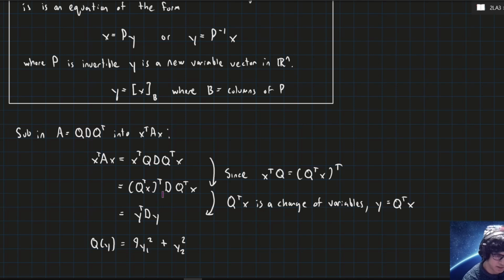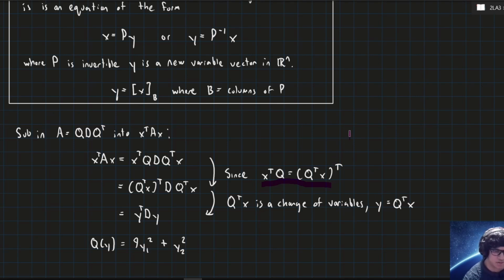I'm going to write this x transpose Q part as Q transpose x, transposed. These two things are equal just by the rule of transpose: when you expand a transpose over a product, you transpose both of the factors and reverse the order. So it becomes x transpose Q transpose transpose, the transposes cancel, and we see that this is true.